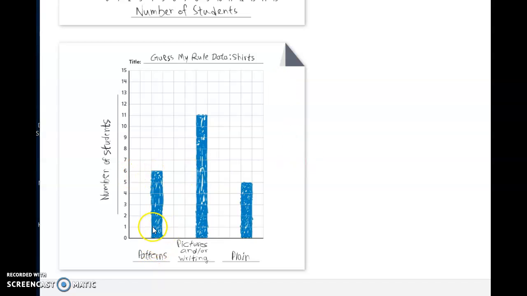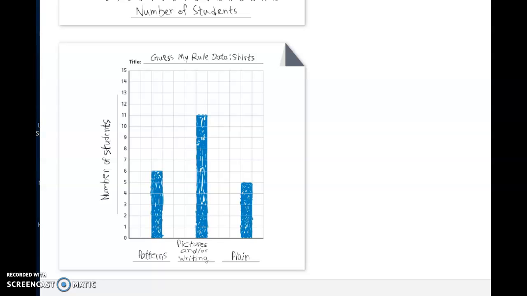So the number of people who had patterned shirts were 3, 4, 5, 6, stopping right there at that 6. We can plainly see the number of people who had pictures or writing stops at the 11. So there are 11 people, and then there are 5 people who had plain t-shirts.